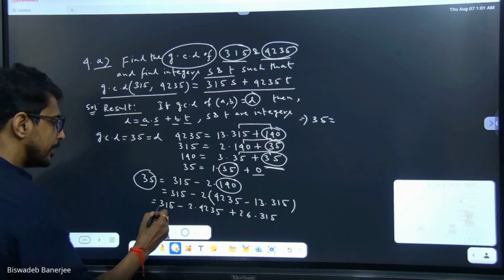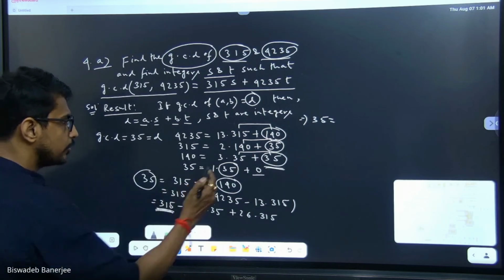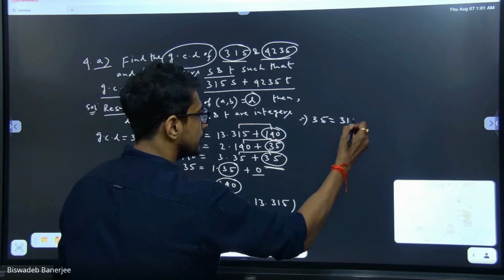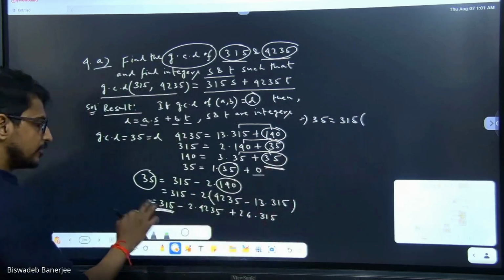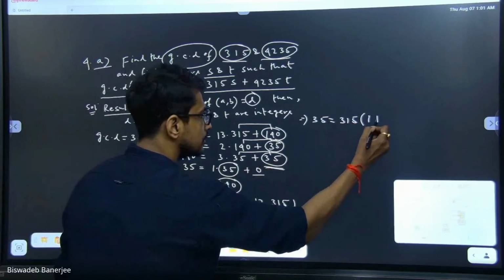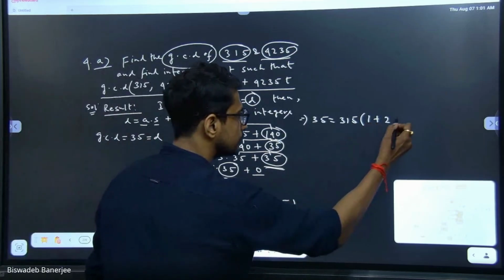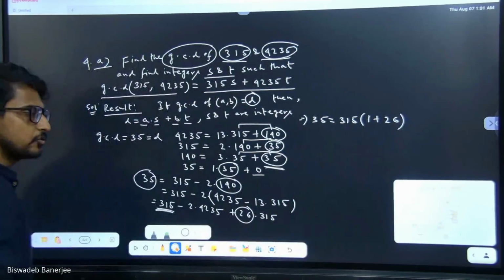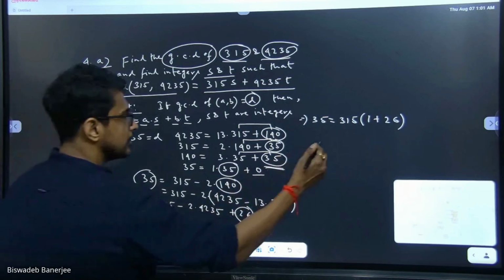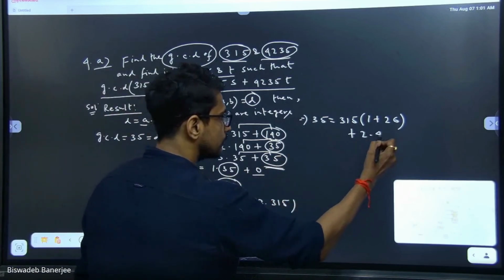See that here my coefficient of 315 is 1. And here my coefficient of 315 is 26. So 1 plus 26. And this portion given as it is.